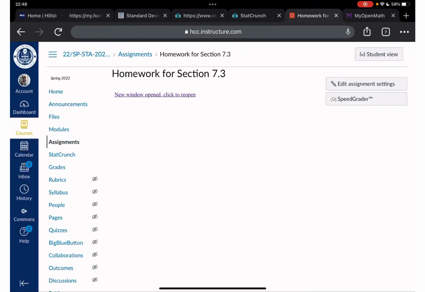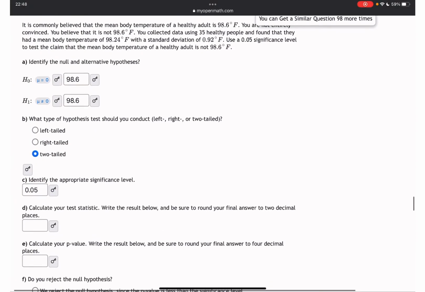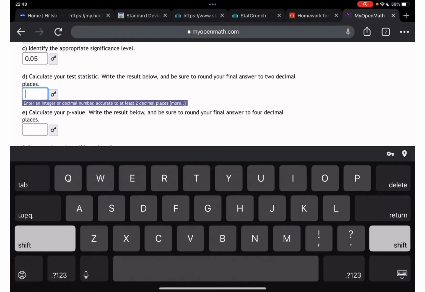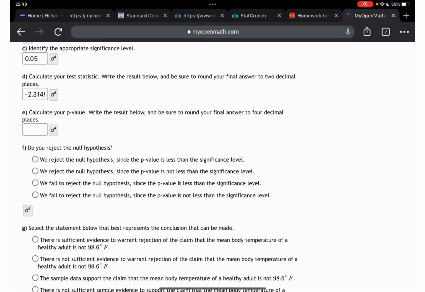Okay, back to our homework. So where are we? Test statistics, here it is. It's gonna be negative 2.3149877. Let me double check.